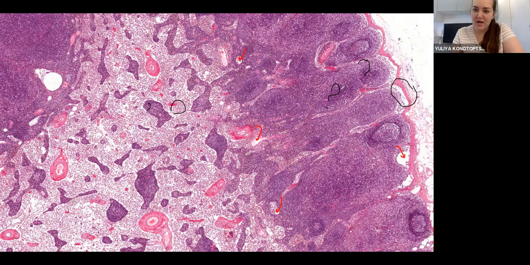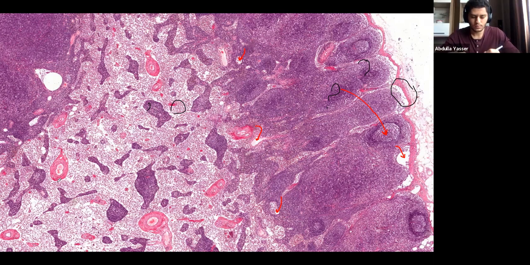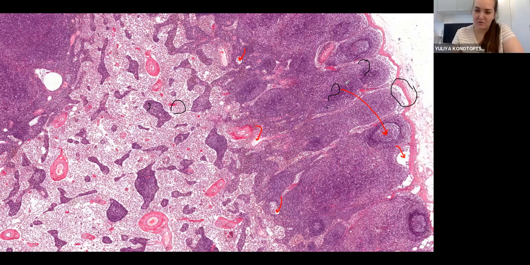I point here and I ask you which other cell is present here except for the B lymphocyte. Follicular dendritic cells. Perfect. God, I love this group. Follicular dendritic cell is going to be here.